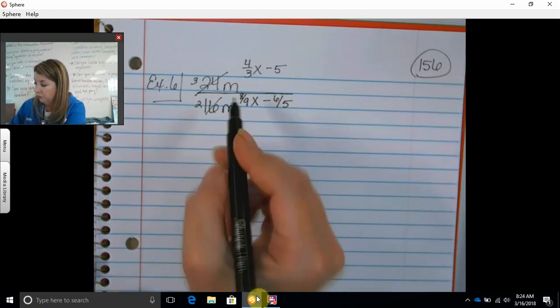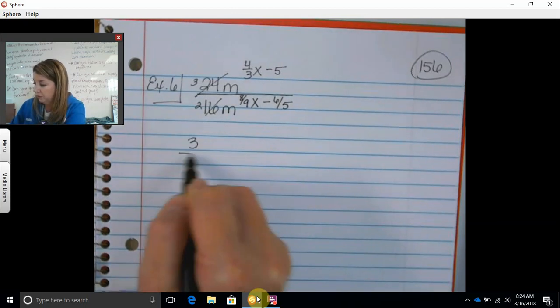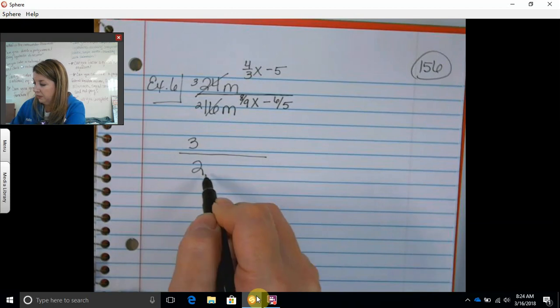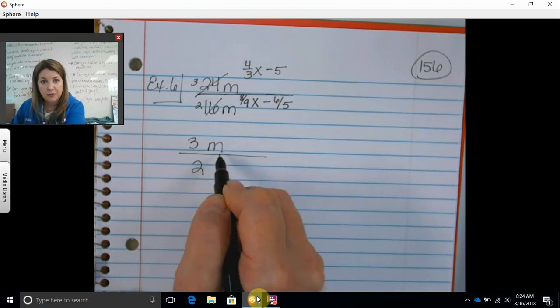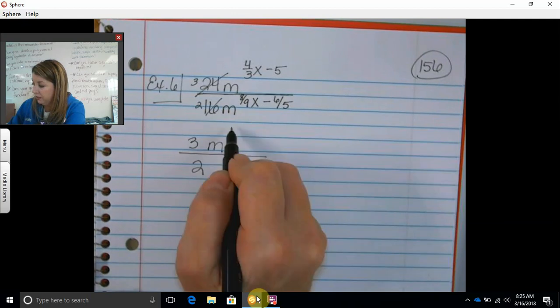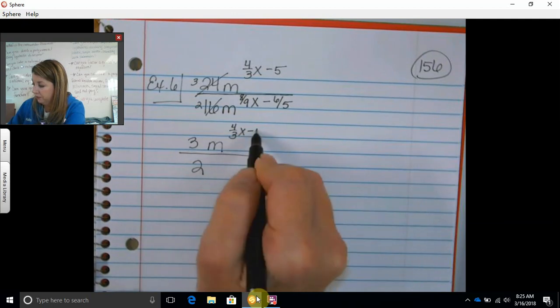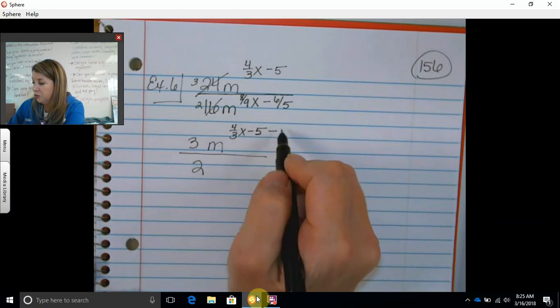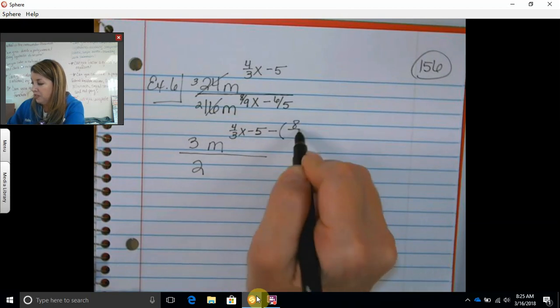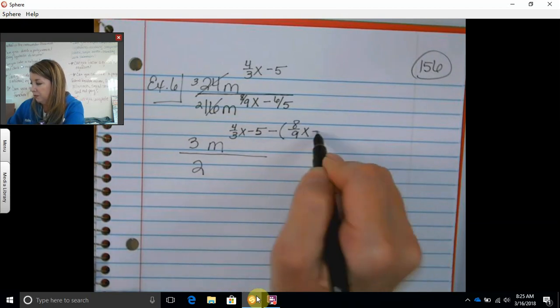So I'm going to rewrite this. 3 in my numerator, 2 in my denominator. I keep the base in the numerator. Take the exponent of the numerator, subtract the exponent of the denominator, and since there are two terms, we're going to have to use parentheses so that we distribute.